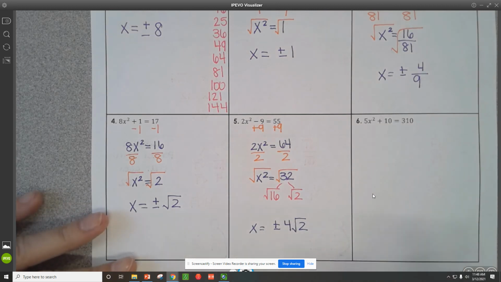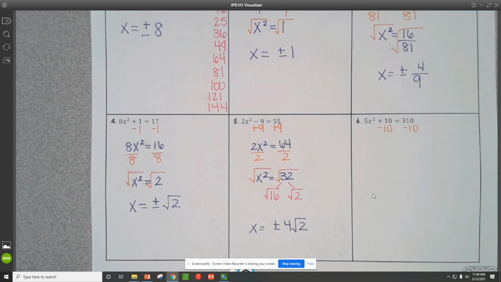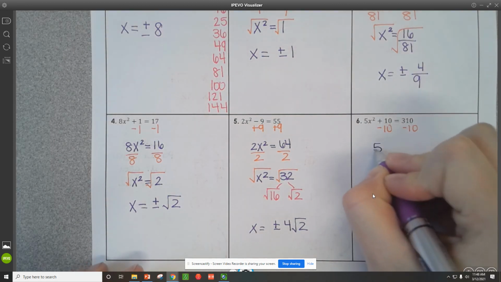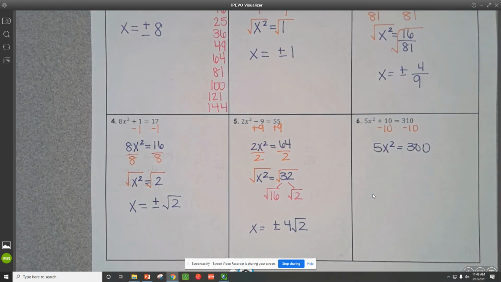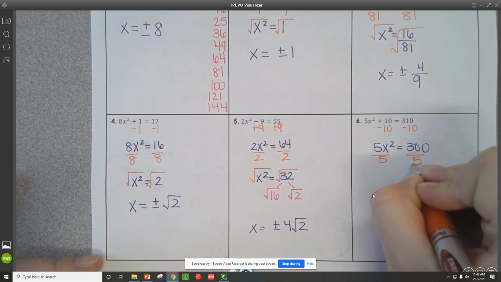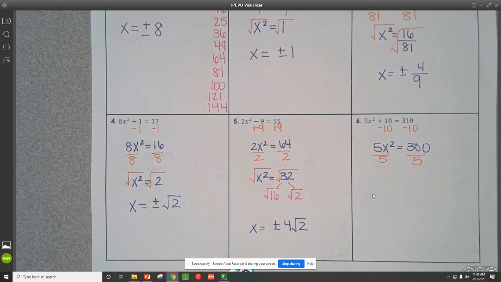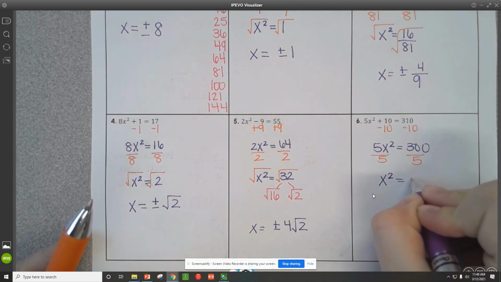Last one, subtract 10 from both sides. And we get 5x squared equals 300. And then we divide by 5. To get x squared equals 60.